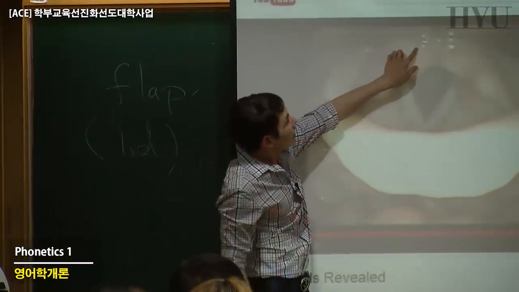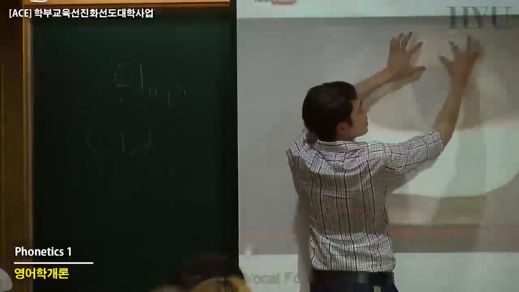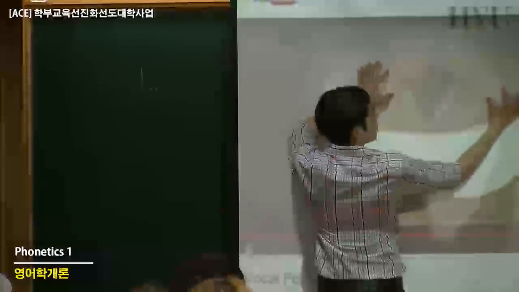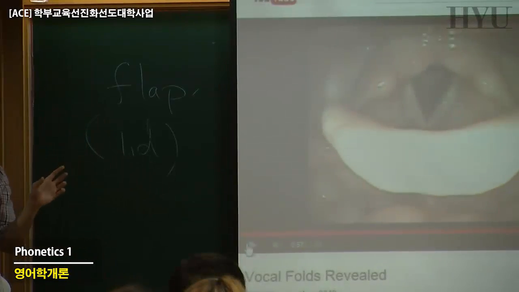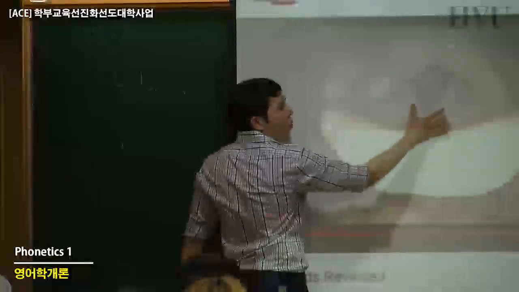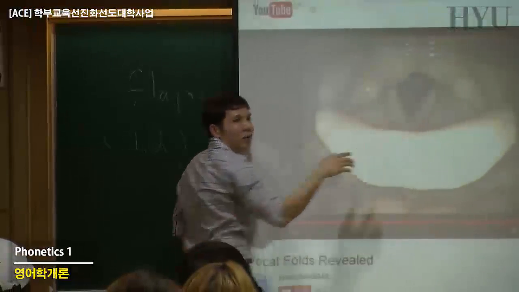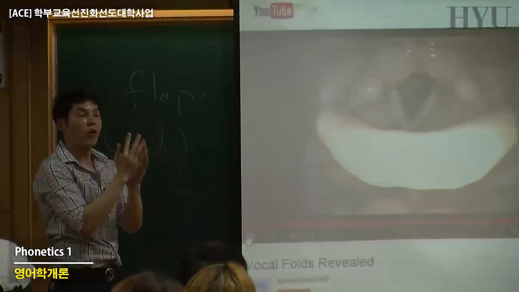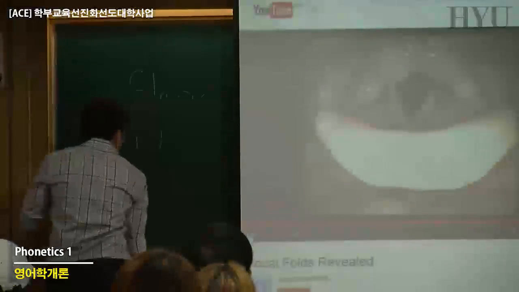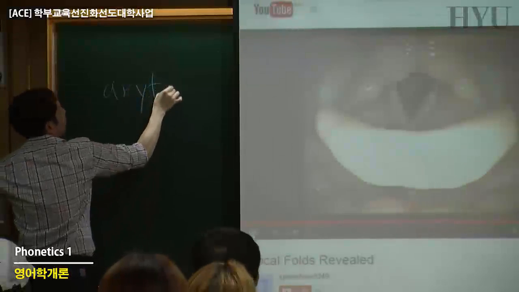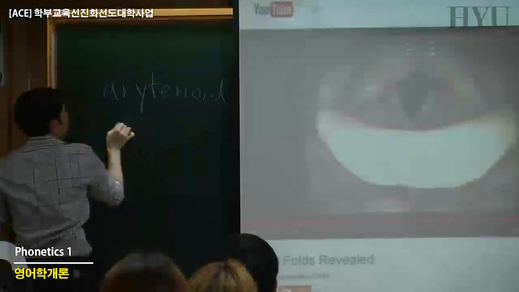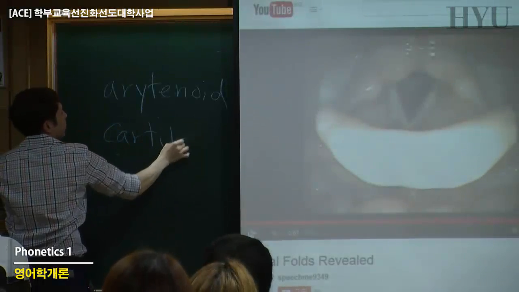And then you can see these two things, like the triangle shape here. They are muscles that can pull the vocal folds apart or make them narrow. We call them arytenoid cartilage.